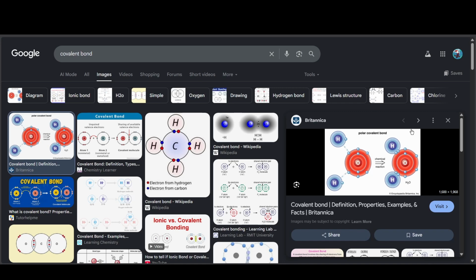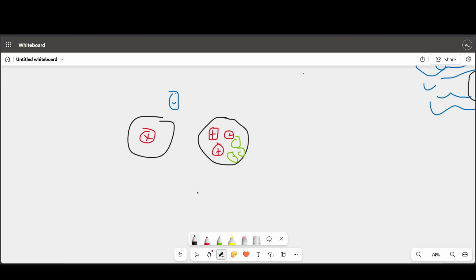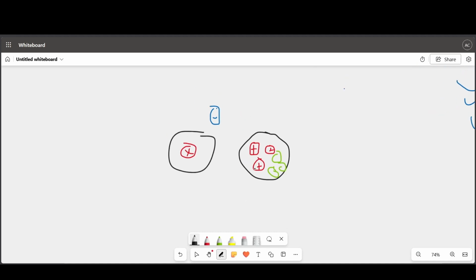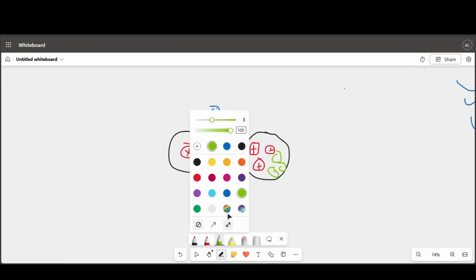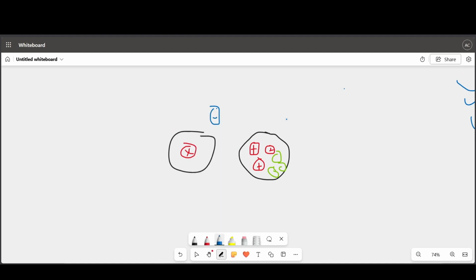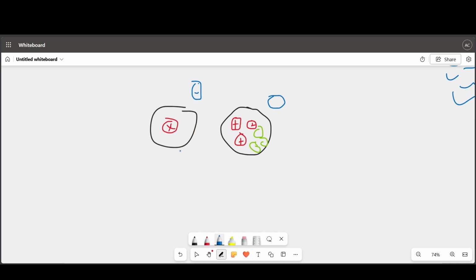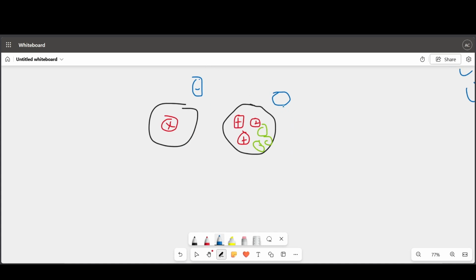So let's say this is a polar covalent bond, and we're going to draw electrons outside this lithium, 3 electrons to be exact. There are 3 electrons of the lithium atom.